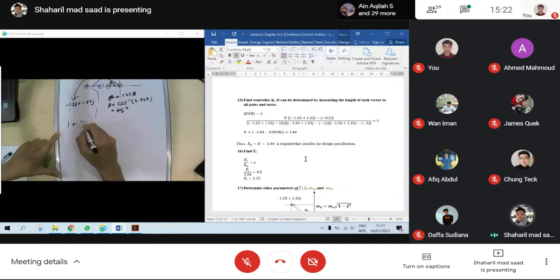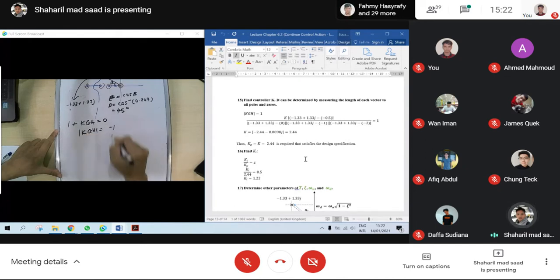1 plus kgh equal to 0. So 1 plus the modulus of kgh here equal to 0. Minus 1, then put the modulus here. kgh is your value for k times (s plus z) over s(s plus 1)(s plus 2), equal to 1.